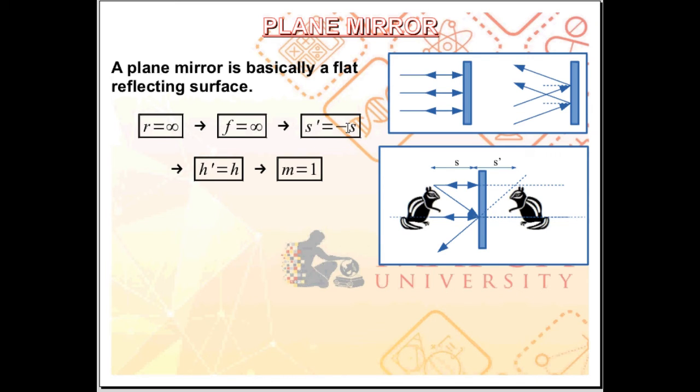Negative, the image is inside the mirror. The image length is on the opposite side as compared to S. So, object distance S, image distance S prime.